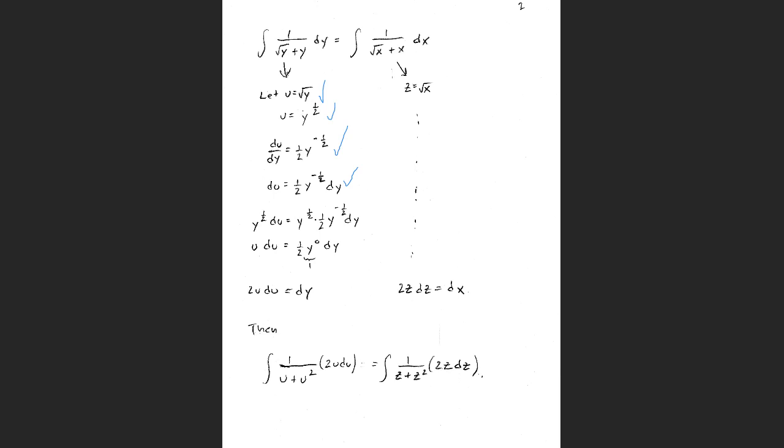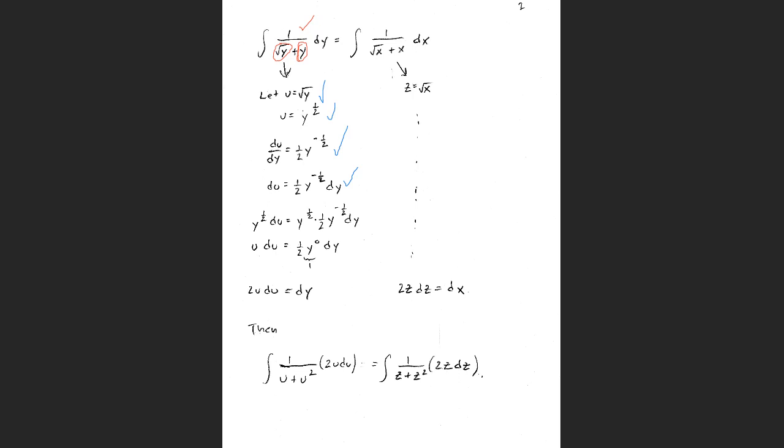With substitution, recall, we're changing this integral on the left. It's an integral with respect to y. We want to make it an integral with respect to u. So right now, the square root of y is u. That's good. And y would equal u squared then, right?